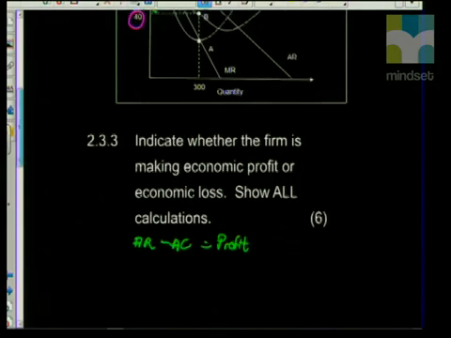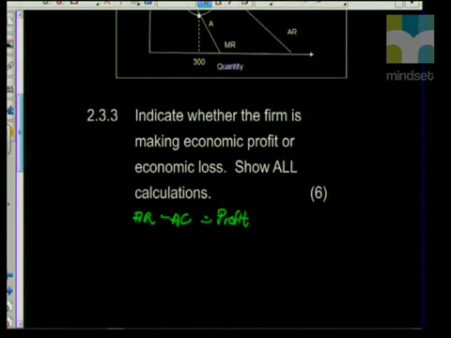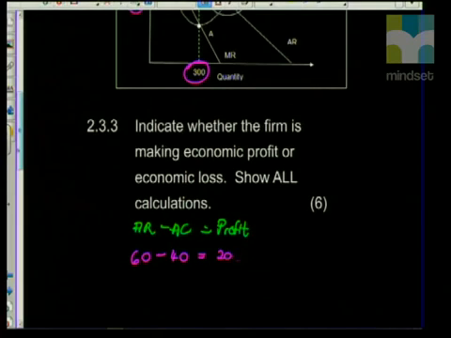But we also have to keep in mind that the quantity produced is 300 units. So your average revenue is 60 minus 40, and your profit will be, they don't indicate the units, but we assume that it's going to be Rand.